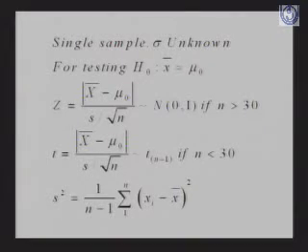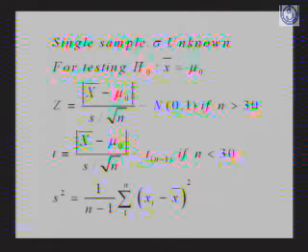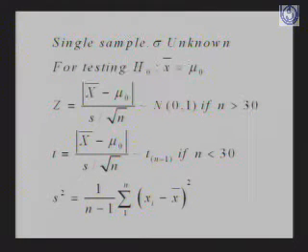Suppose there is another situation where we do not know the standard deviation, in fact we do not know even the mean. So how can we say we know the standard deviation? It is just not possible. In such a situation, the test statistic will be modified by a very small thing: the population standard deviation sigma will be replaced by the sample standard deviation s, and the rest of the things will remain the same.